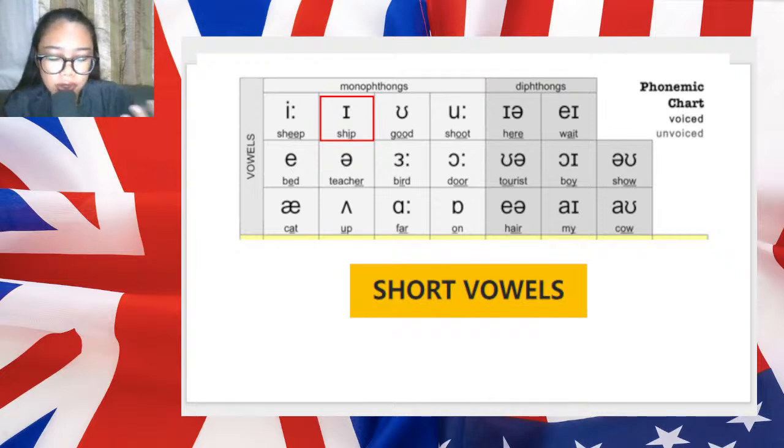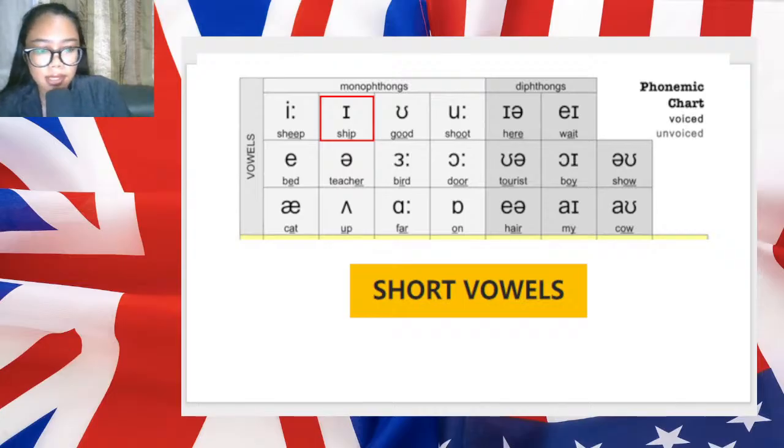Okay, let's try it together, applying the tips I've mentioned earlier on how to produce that particular sound. So say the sound i. Again, i. One more time, i. Now let's say the example again. The word ship. One more time, ship. Say it a few times.